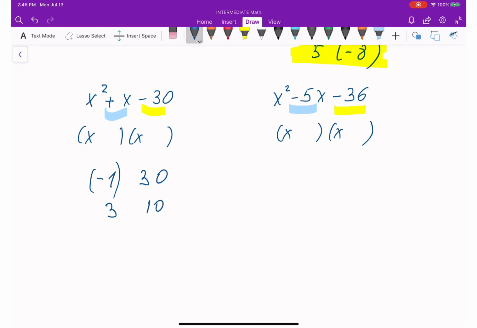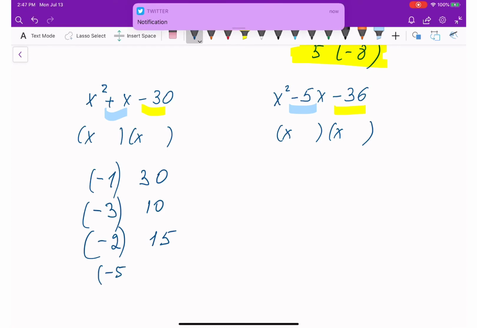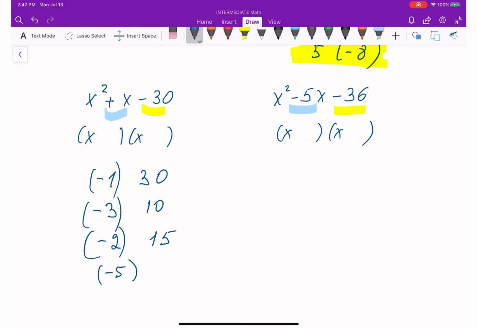The bigger number is going to be positive, so 3 is going to be negative. What else? 2 and 15. So 2 is going to be negative. And then 5 and 6. 5 is going to be negative. 6 is going to be positive.